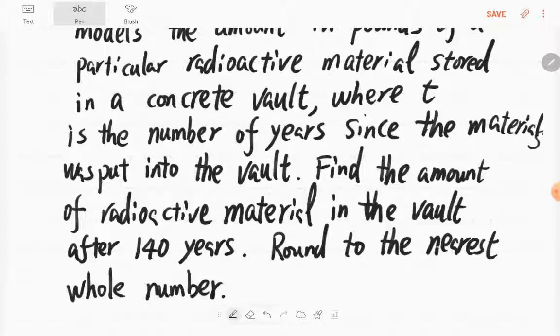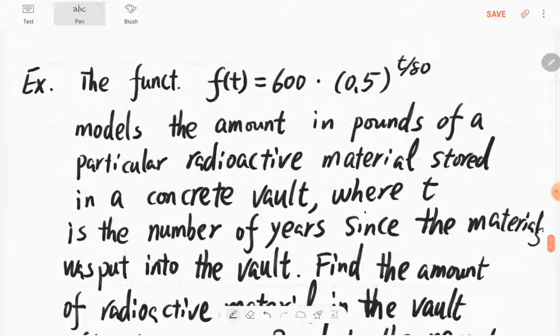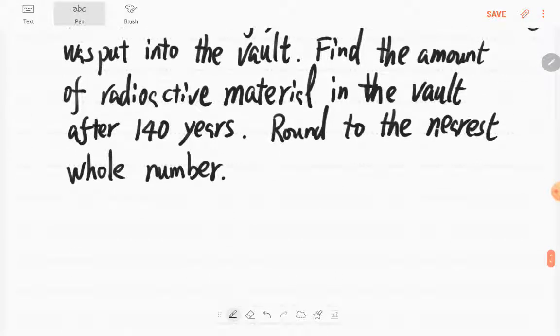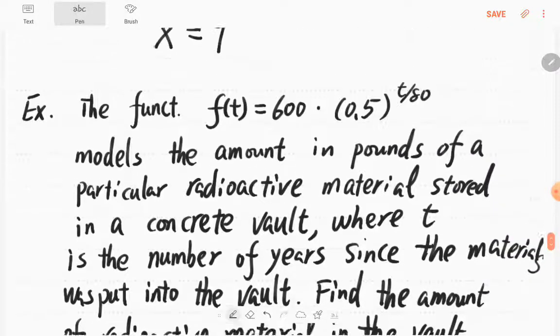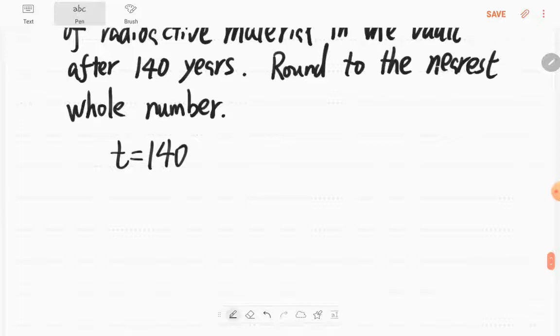Okay, so this problem tells you that t is equal to 140. So you just need to plug it into the function. So what is f of 140? After 140 years, how many pounds of the radioactive material are left?